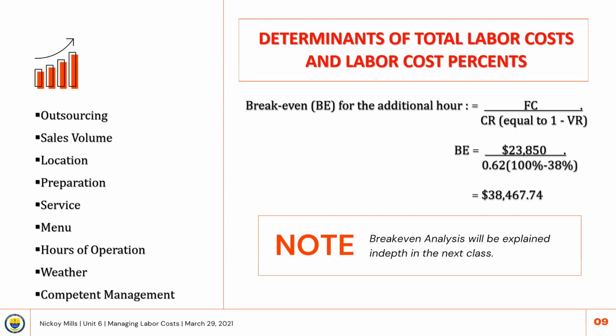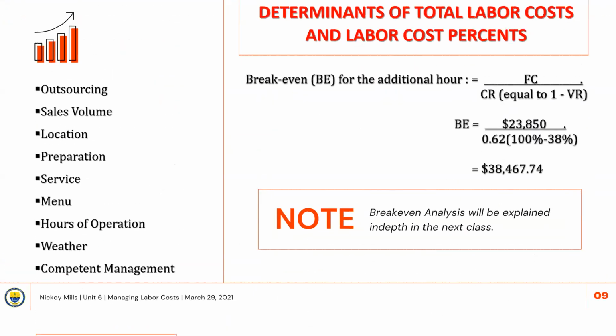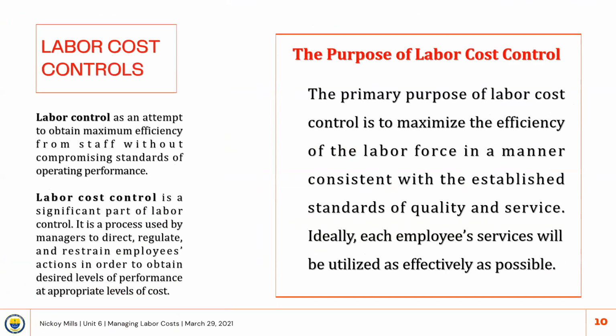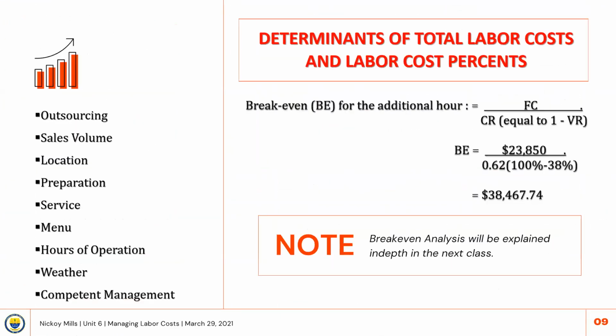So the total cost for the additional hour at the projected sales level would be 43,800, leaving a net revenue of $8,700 that would be available to cover overhead costs for the restaurant and additional profit.